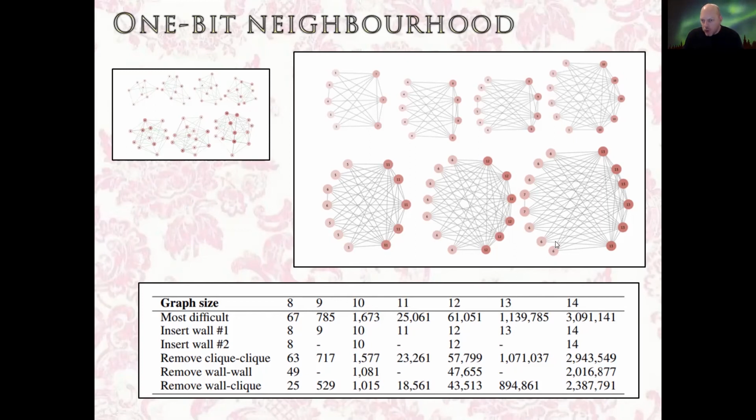If we remove any one of these edges, the problem instance becomes slightly easier, anywhere between a few percent and 30%, measured in number of recursions. But the effect is much more dramatic if we insert an edge.